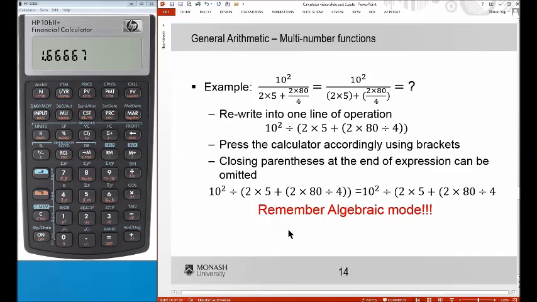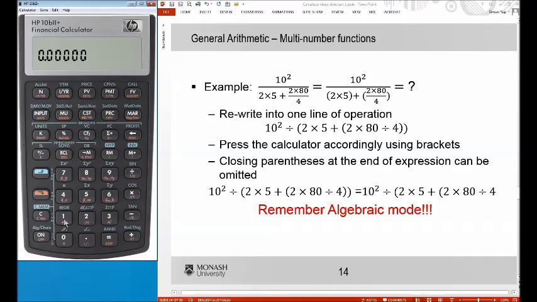Before we go into the next section using the memory key functions, let's try a more complicated example using parentheses. This is our example here. First of all, we write the expression into one line as I've written here. Then enter the numbers and brackets into the calculator accordingly. Before I start my calculation, I clear all my memory.